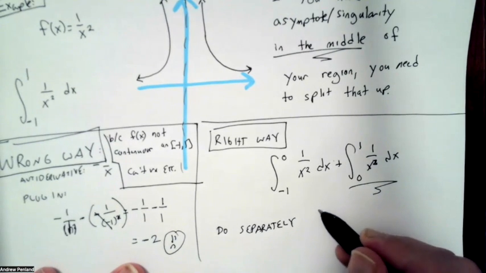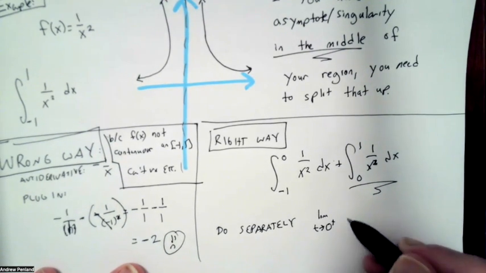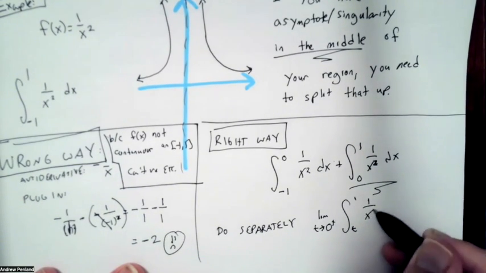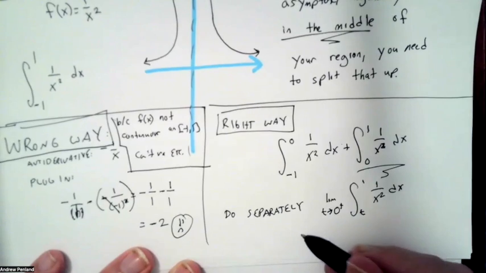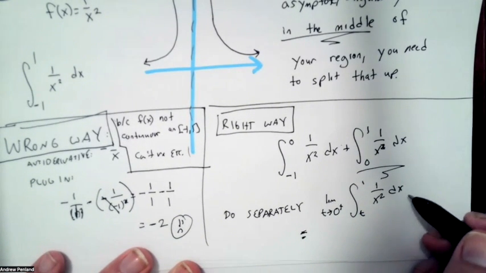We're going to do our limit as t approaches 0 from the right of the integral from t to 1 of 1 over x squared dx, which is going to then be, this is negative 1 over x.